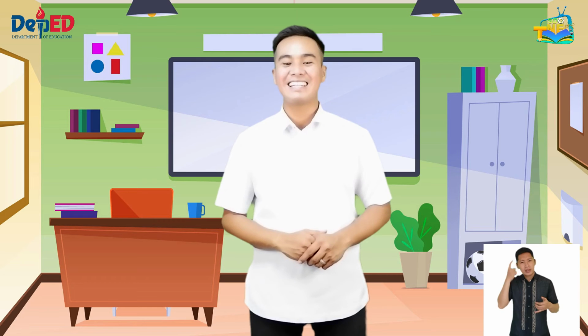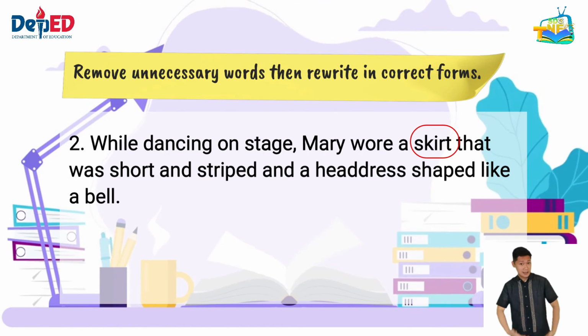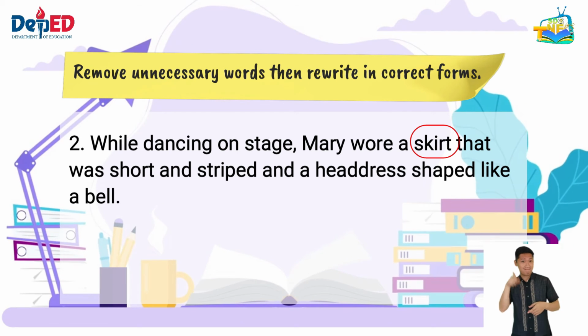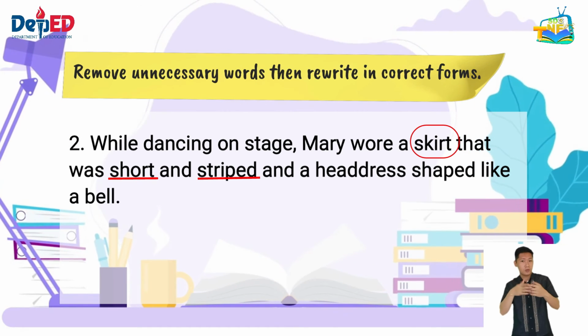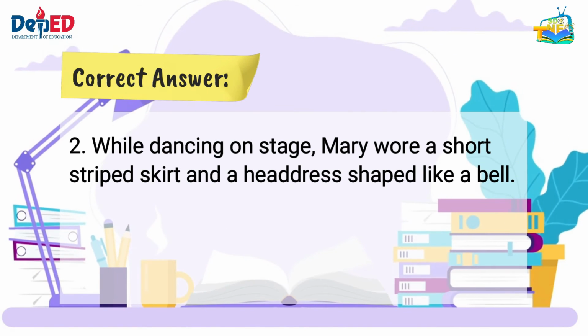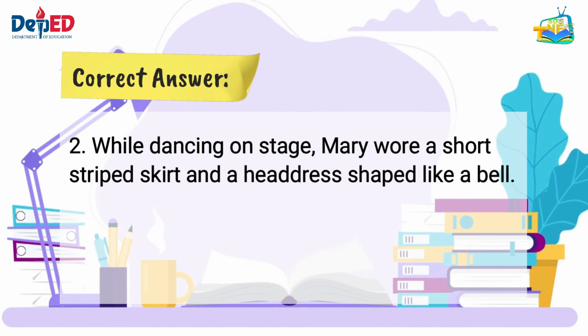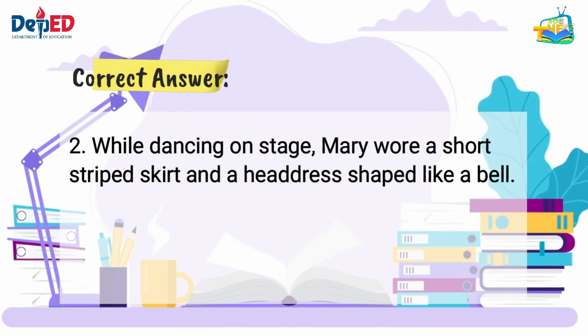Alright, let us analyze the next sentence. Since the skirt is being described, we must place the adjective closer to the word it modifies. While dancing on stage, Mary wore a short, striped skirt and a headdress shaped like a bell.